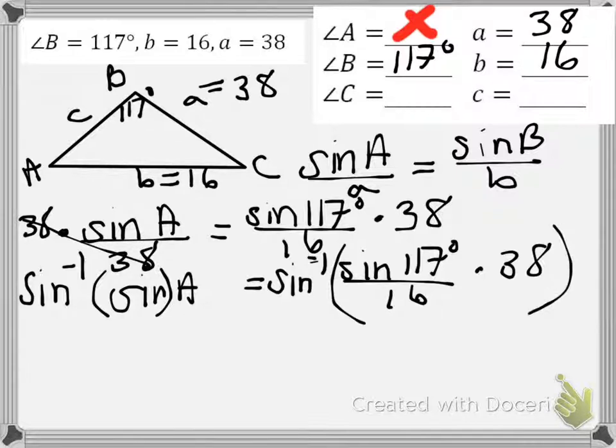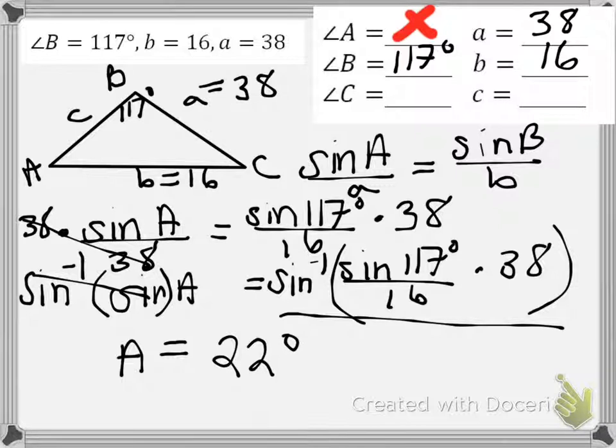And this is where we have to be very specific on how we're putting this into our calculator. Alright, so these two cancel. So all I'm going to do is put all of this into my calculator, and I get that angle A simply equals 22 degrees. So it's no longer unknown. I know that it's 22 degrees.